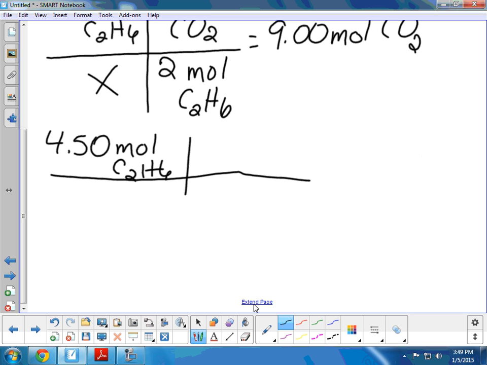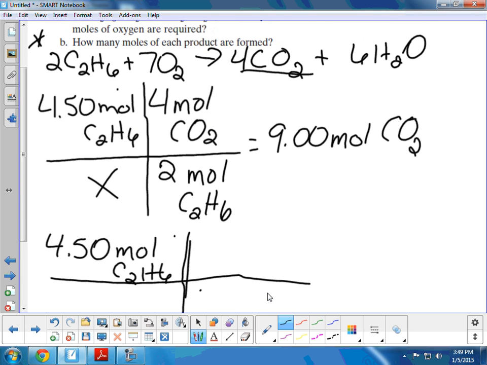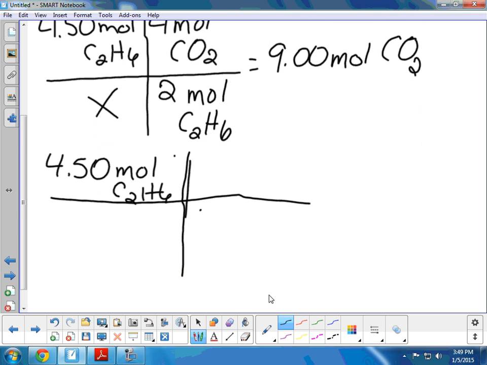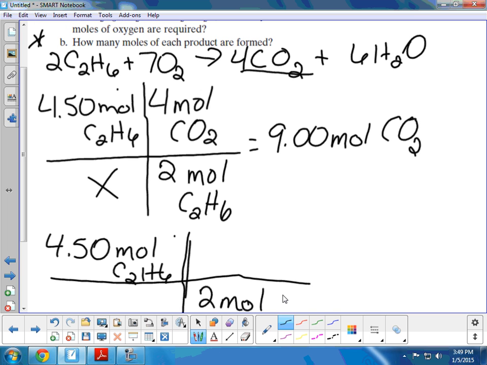I have moles of C2H6 here, so I have to have moles of C2H6 here. If I look back at my chemical reaction, I have 2 moles C2H6. And now my other product is water.